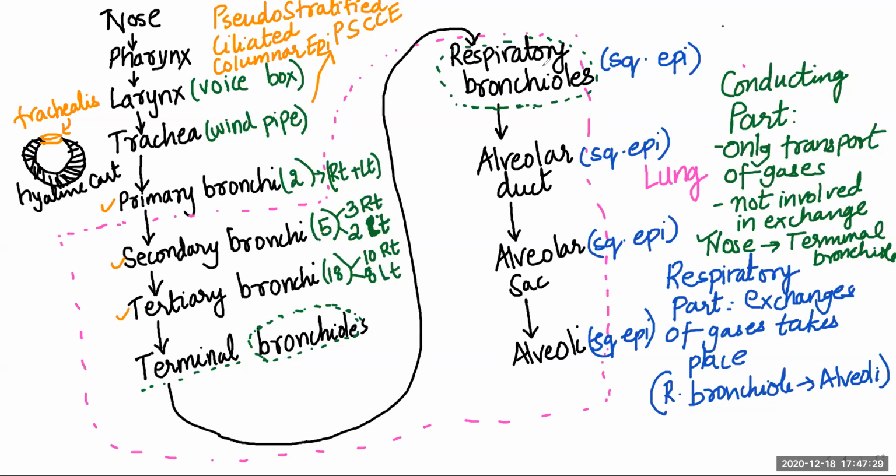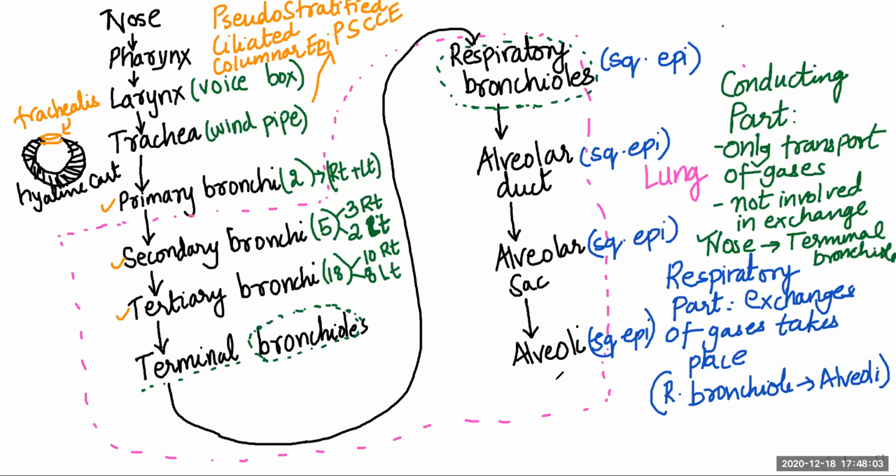So this is a general overview of the human respiratory system: nose, pharynx, larynx, trachea, primary bronchi, secondary bronchi, tertiary bronchi, terminal bronchiole, respiratory bronchiole. Terminal bronchiole is the conducting part, respiratory bronchiole is the respiratory part where exchange of gases will take place.